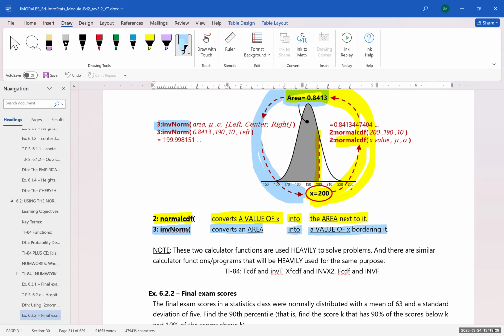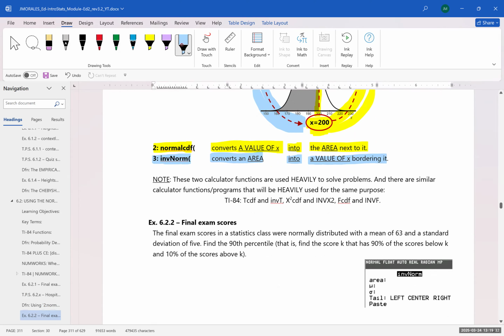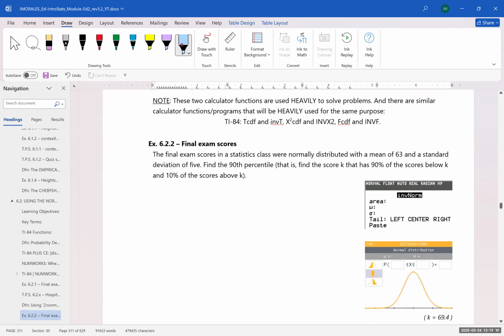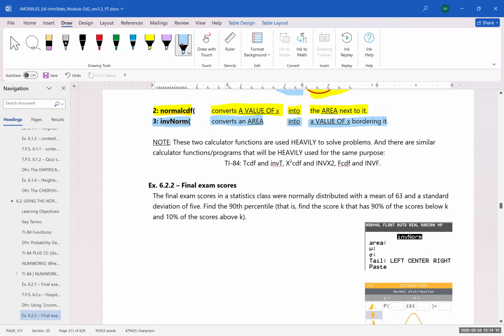So let's look at how we use these inverse norm functions with an example. Before I proceed, note these two calculator functions are used heavily to solve problems, and there are similar calculator functions used for the same purpose. We've got a student's T CDF function and an inverse T function.